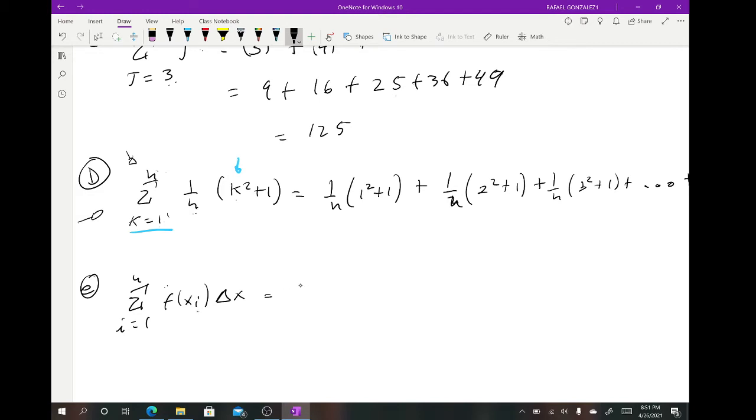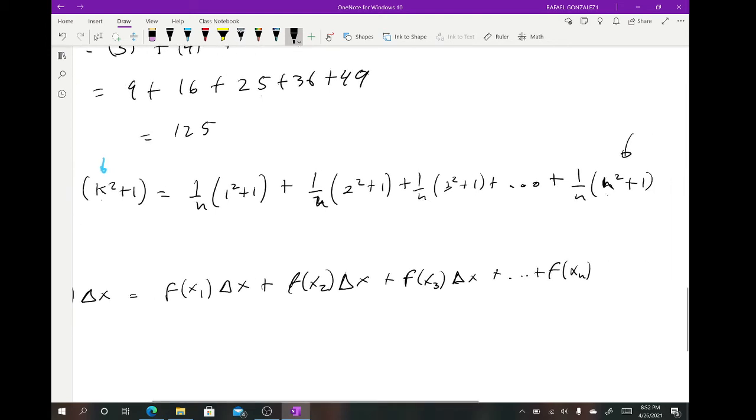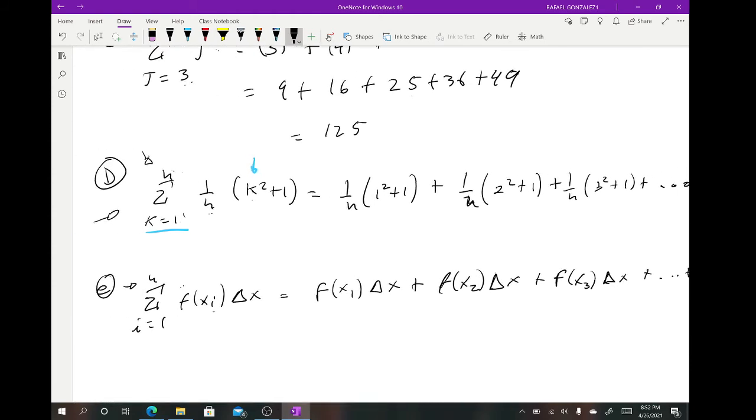So what we have here is simply f of x1 times delta x plus f of x2 times delta x plus f of x3 times delta x, all the way up to f of xn times delta x, because the last term in the sum is f of xn.